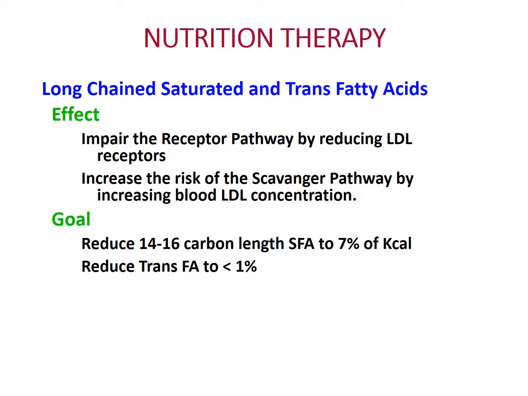And then the trans fat is less than 1%, but it's hard to gauge how much trans fat we're getting because, as you remember in our labeling, they can label trans fats less or zero if it's less than 0.5 grams. So anyway, we're not really sure how to gauge the less than 1%, but that would be the goal for that.